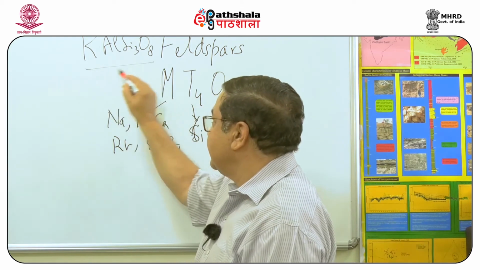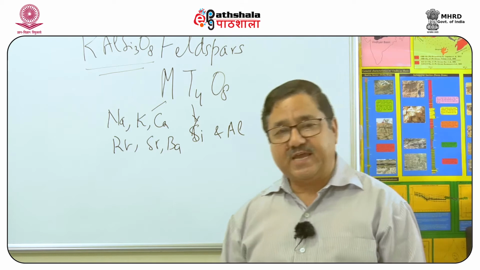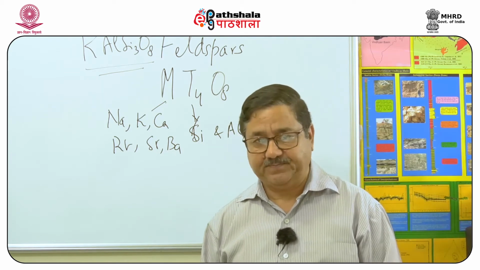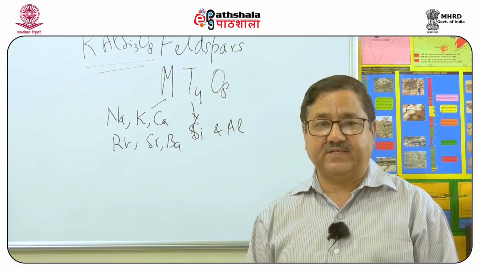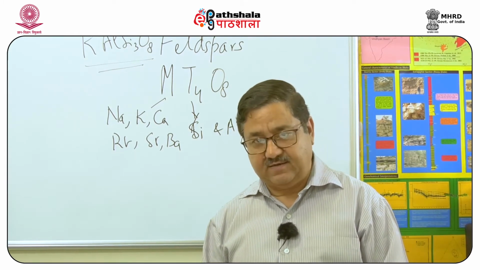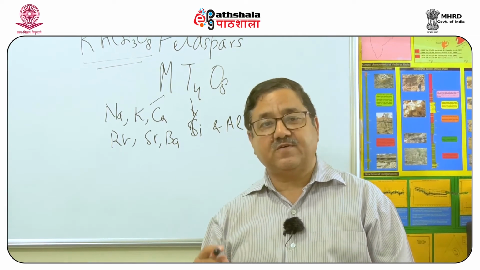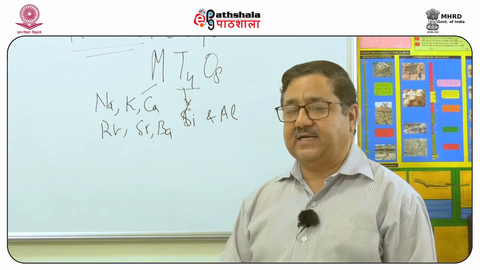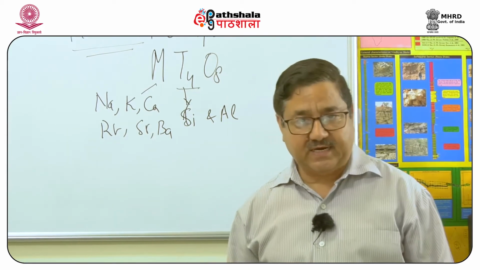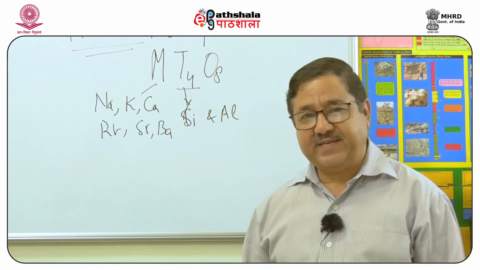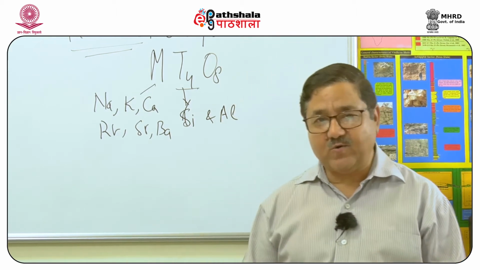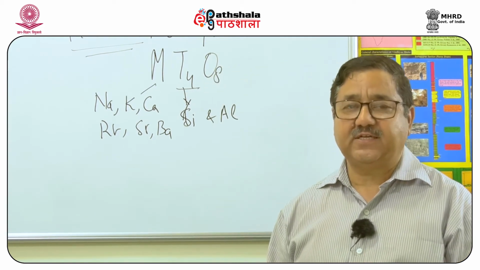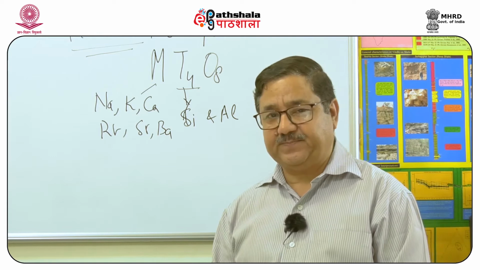So, this is the potassium feldspar, which can be there in several ways or several forms. The high temperature potassium feldspar is sanidine, which, because of higher disorder in the T site or tetrahedral site, has a monoclinic crystal structure, and it is very interesting to see how this monoclinic structure distorts at lower temperature to a triclinic structure.